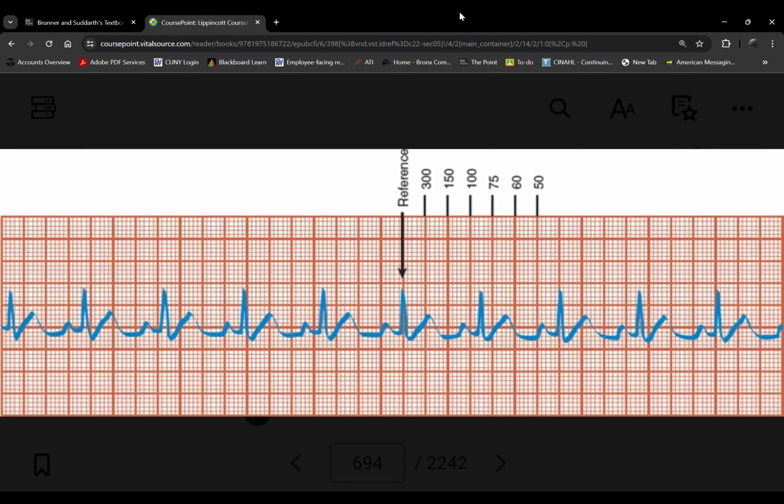Let's see how often the R occurs. This is the R wave right here. The next R wave is here. So let's move from this one to this one to this. Is it about the same? Yeah.